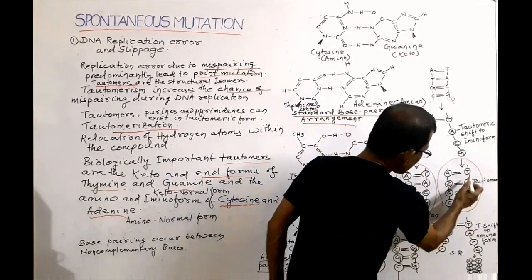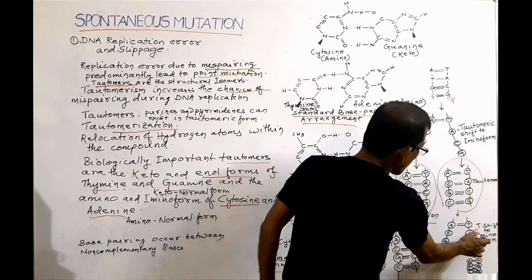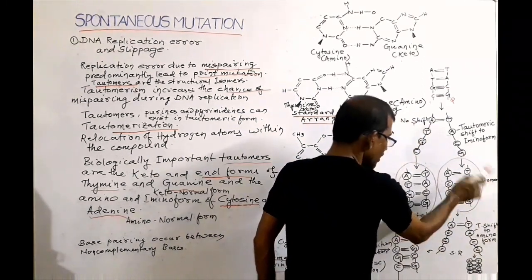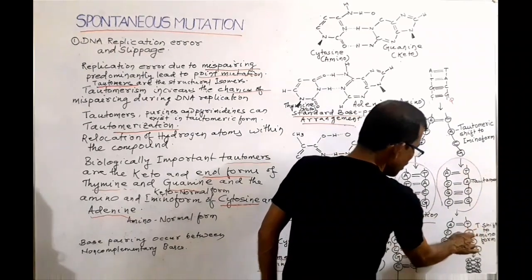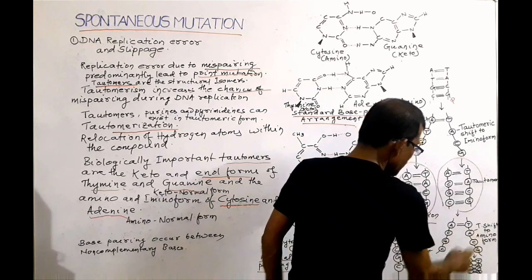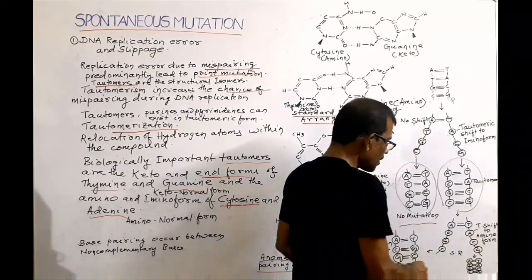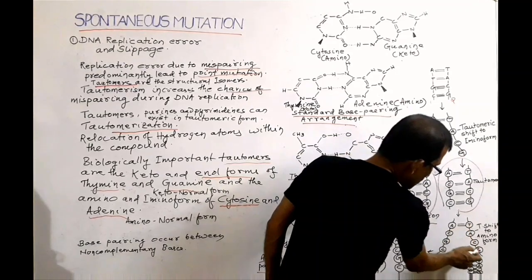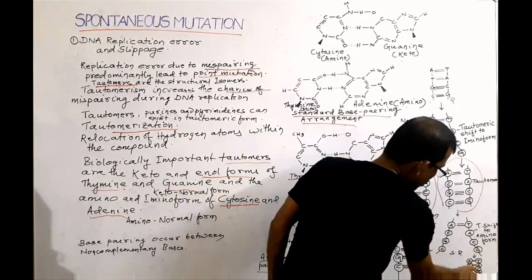So, after the separation of these two strands, the imino form of adenine is converted back into amino form, and amino form of adenine is the normal form. So, after converting back to the amino form, this strand will be replicated in a normal manner by following the principle of standard base pairing.